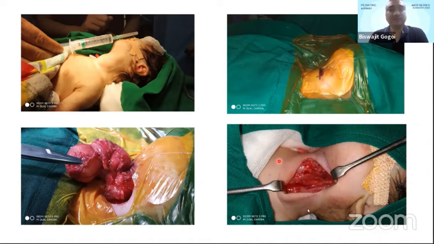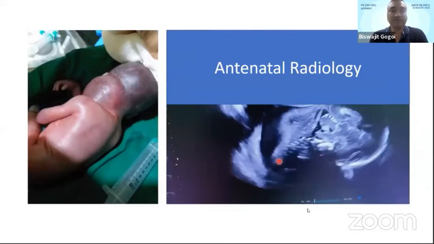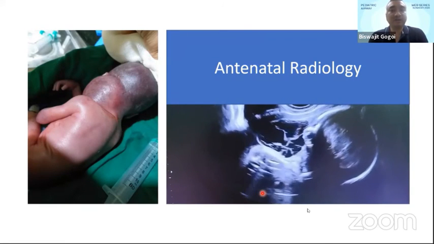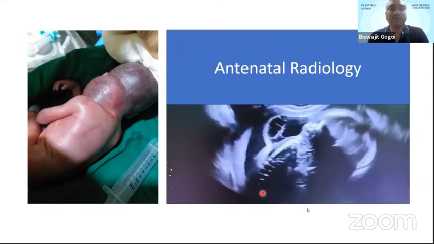So that's how, in a very early neonate, radiology is very challenging, putting the baby in the radiology center, the radiology tube. That's why antenatal history and antenatal radiology are very important, to know what anatomy God is going to give to the child.